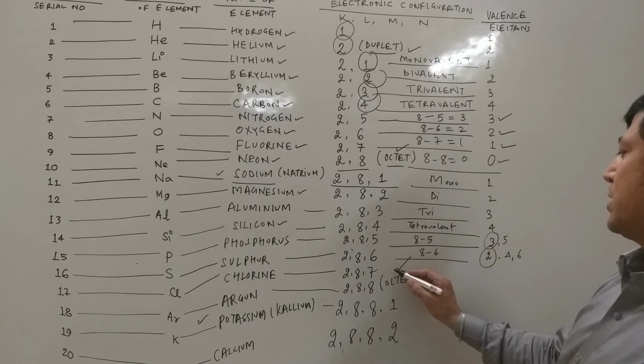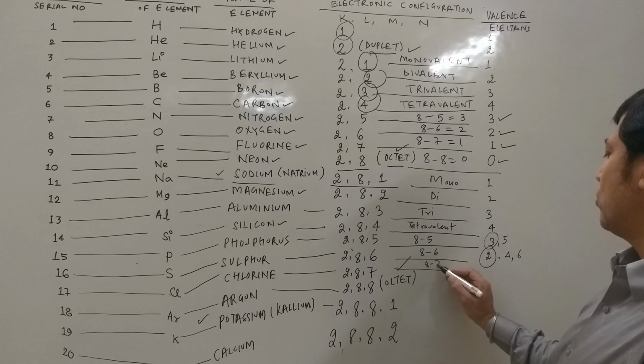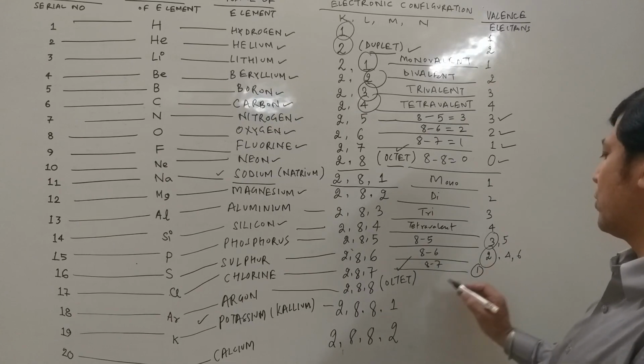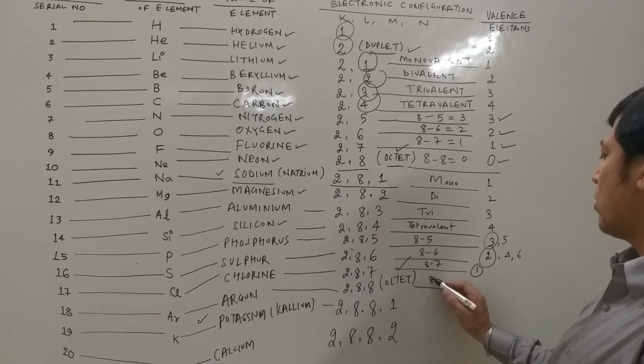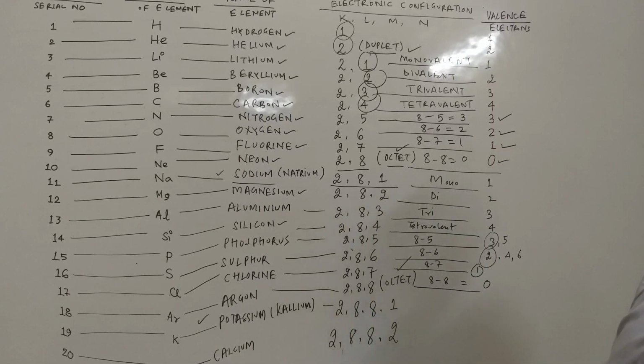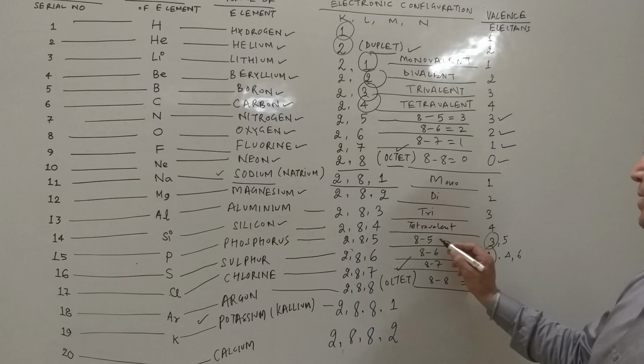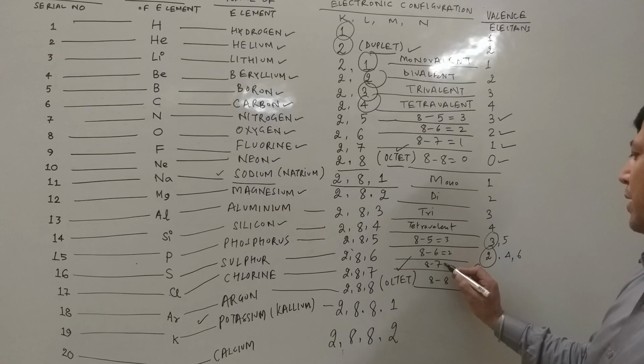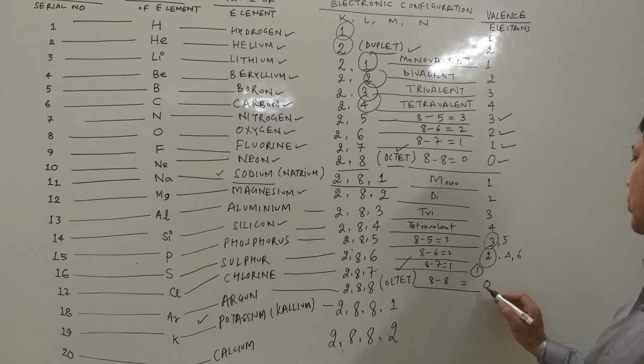For chlorine, it is monovalent, the valency is 1. And argon, the octet is complete, so the valency is again 0 for argon, right? Yes, got it? I hope it is clear to you, right?